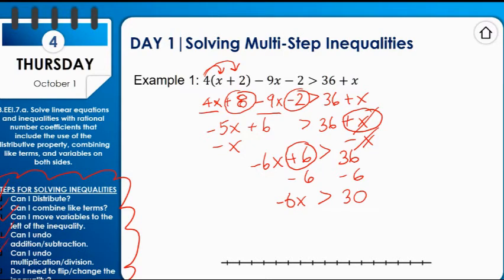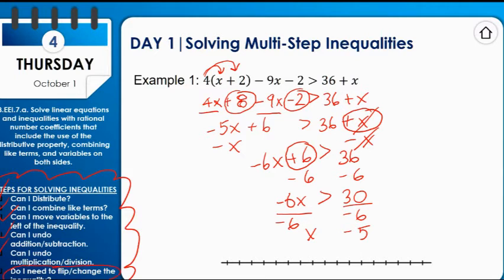Can I undo multiplication or division? Yes, I have x being multiplied by negative 6. I divide both sides by negative 6. x, 30 divided by negative 6 is negative 5. So I divide by a negative.